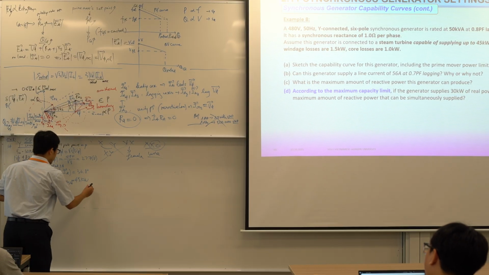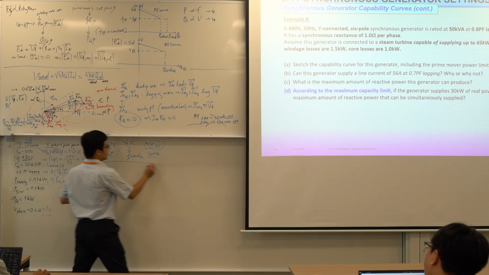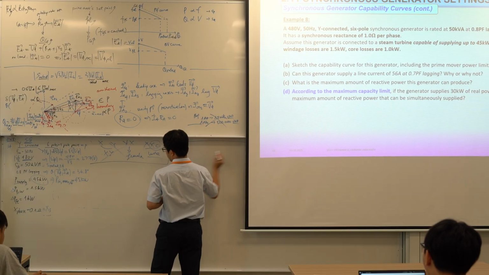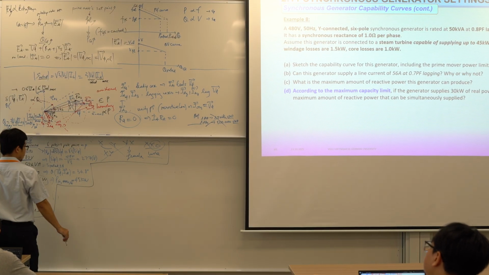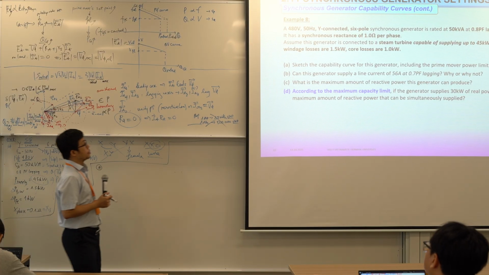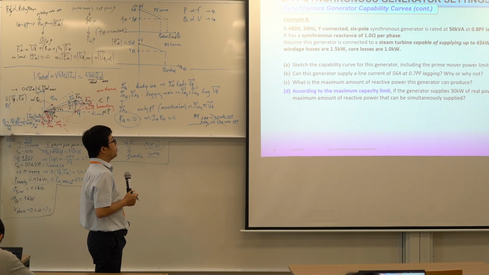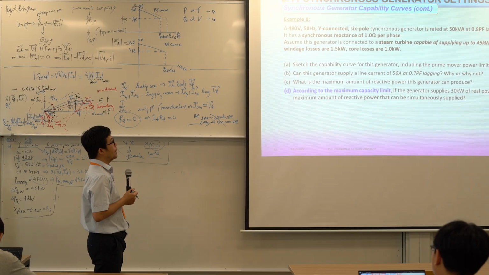So now answer this question. Sketch the capability curve of this generator, including the prime mover power limit.